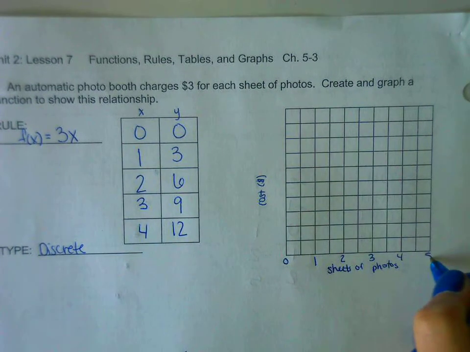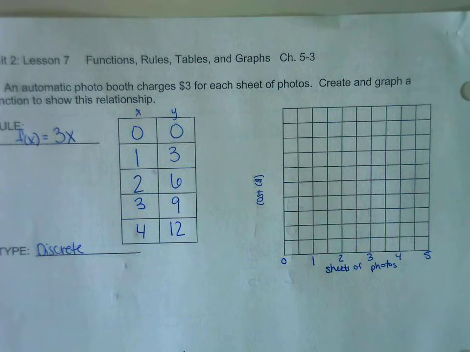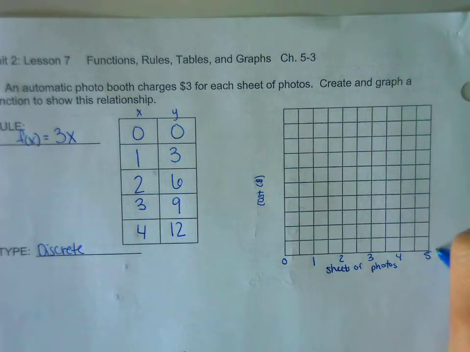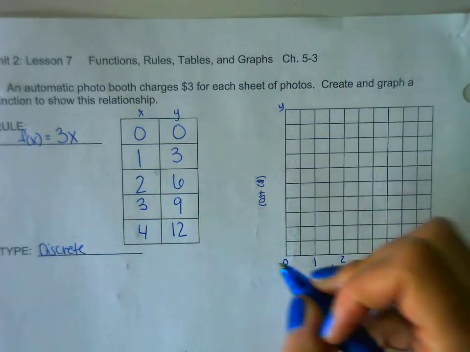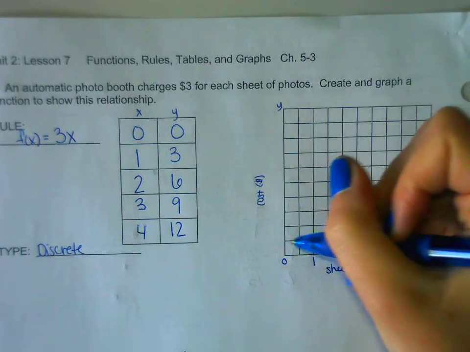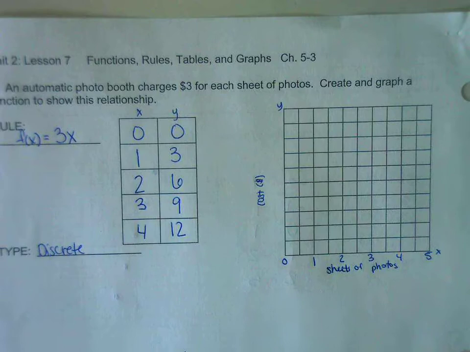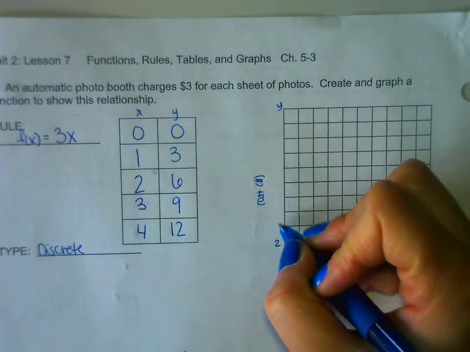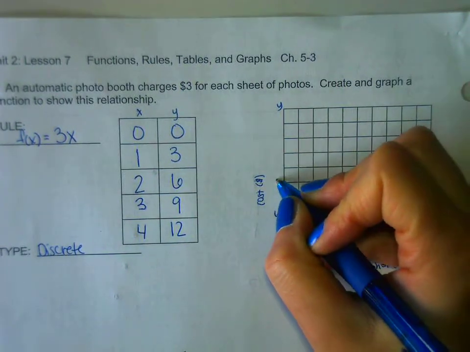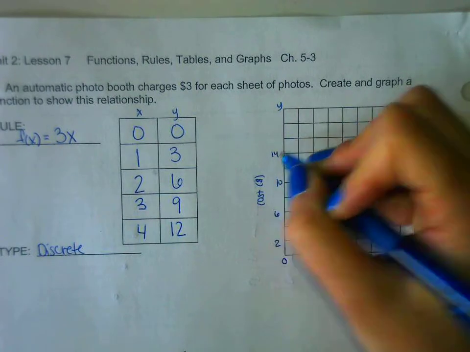To get my y axis, which is my cost, I have 0, and I'm going up to 12. I'm going to go up by 2: 2, 4, 6, 8, 10, 12, 14, 16, 18.